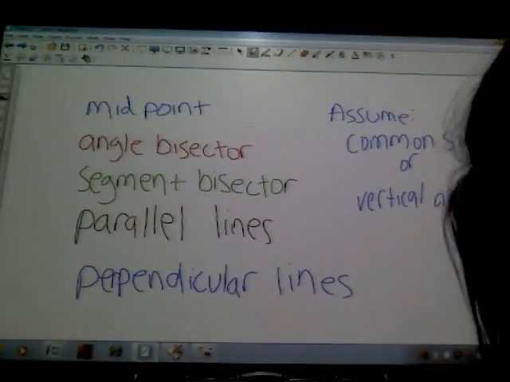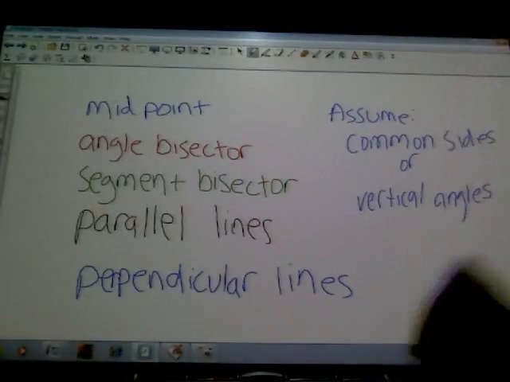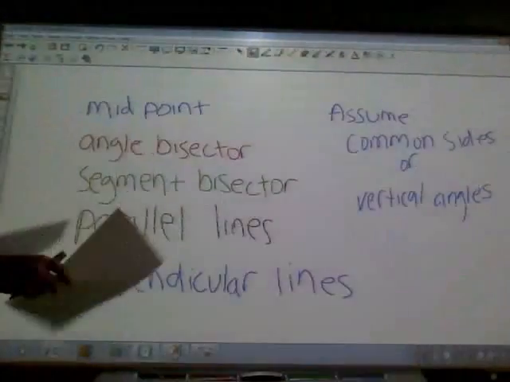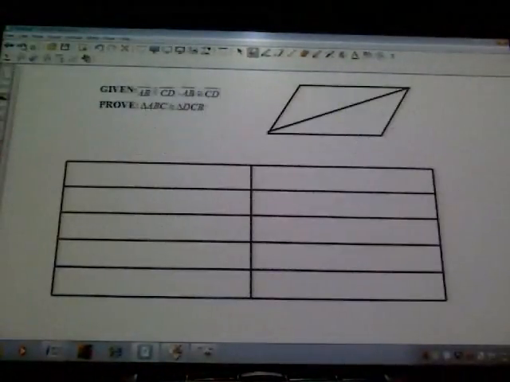Alright, let's work a proof so we can get a feel for all these definitions. When starting with a triangle proof, we're first going to check the given statement and mark the given statement on the diagram.